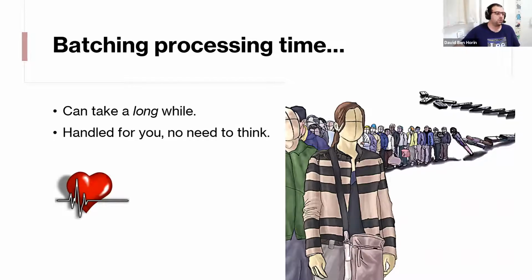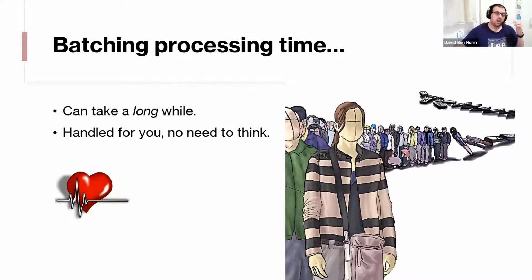I just got 512 documents, and each one of them is going to be a separate request that takes a second or two to process. That's going to take a while. But we don't care. There is a heartbeat going on in the background to make sure that yes, I know I'm still processing this thing. Don't worry about that. And we're going to hold the state of the system in limbo, basically, until the batch is acknowledged.